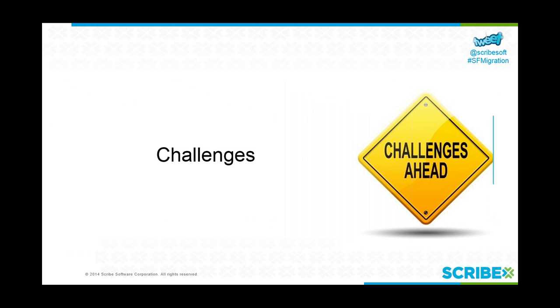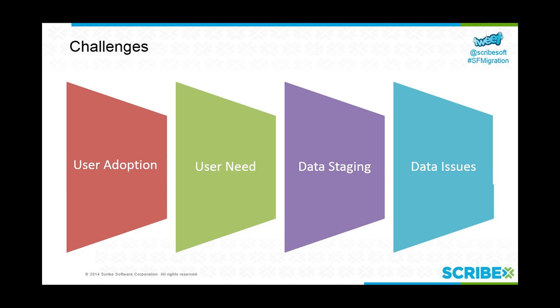Challenges. Let's take a look at the challenges. We basically see four major challenges that customers face when deploying a new CRM system. The first is user adoption, and it definitely is a challenge, but it's actually an ongoing challenge.